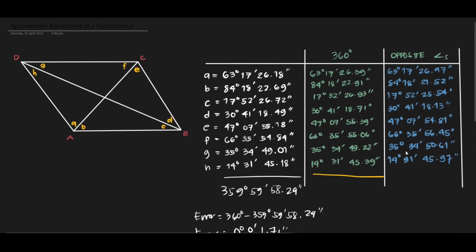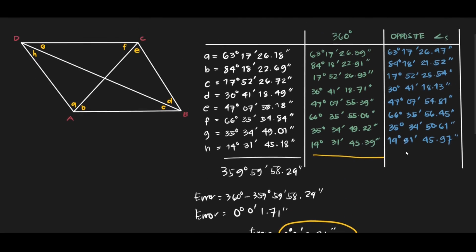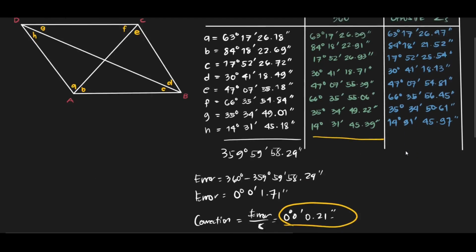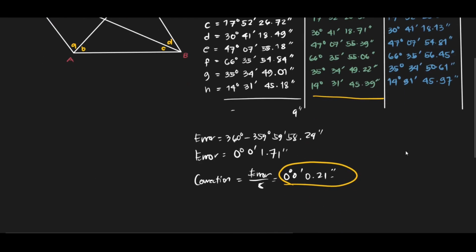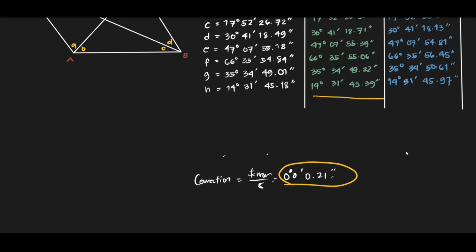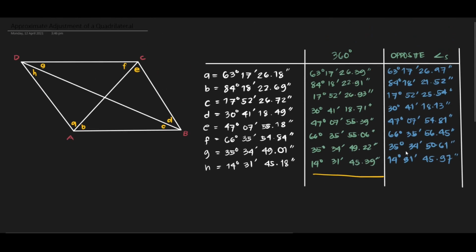Okay, so after doing that, you can then proceed to the second figure adjustment, which involves the opposite angles. Okay, so how do we do that? So let's erase this first. So if you take a look at our figure we have right here, as I said earlier, H plus A must equal E plus D, right?